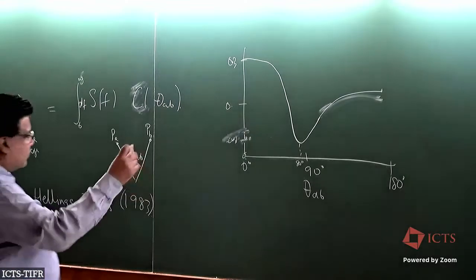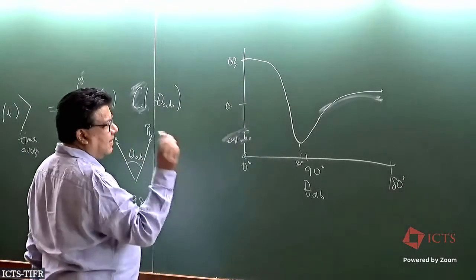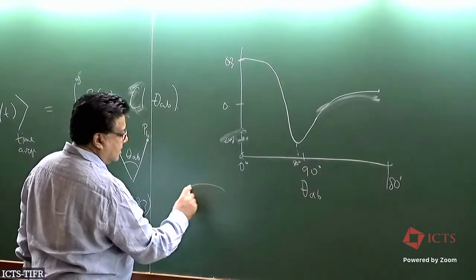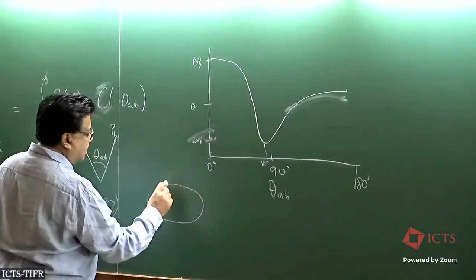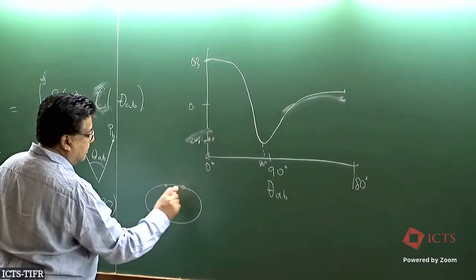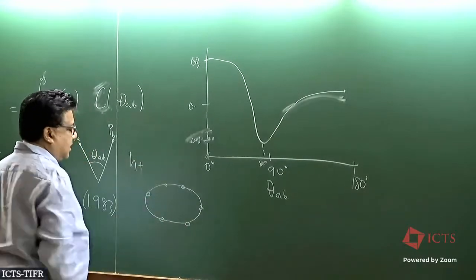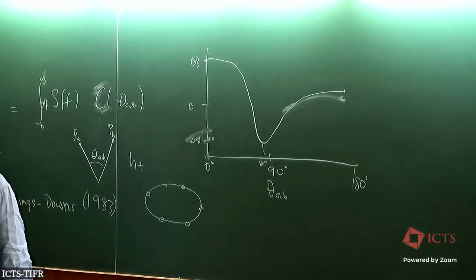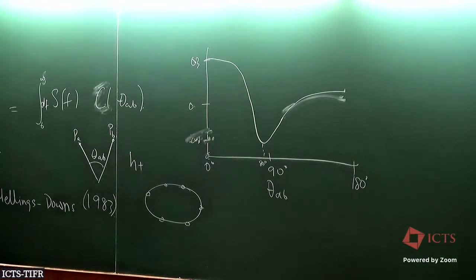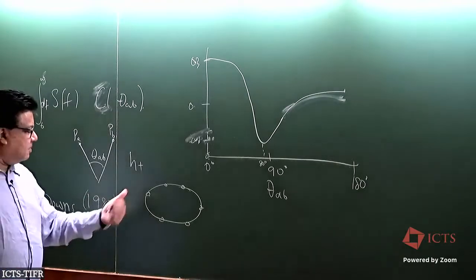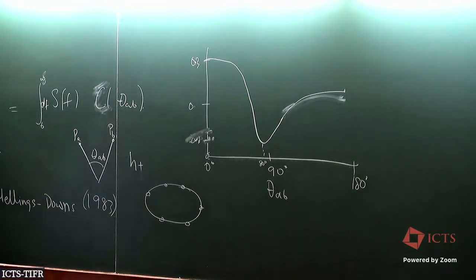But if you want to visualize it, you can think of the following: let's take a ring of pulsars. Gopakumar said he will explain in more detail the actual visualizations of the polarizations, but I have written the two polarizations, H plus and H cross.